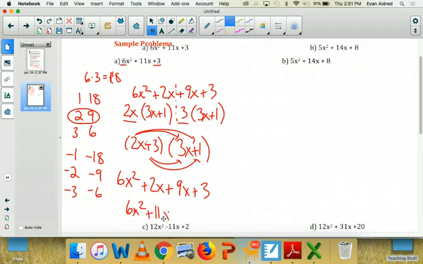When we combine our 2x and our 9x, we get 11x. And that should give us our original term, and you can see if you look up that it does. So that's our first example.